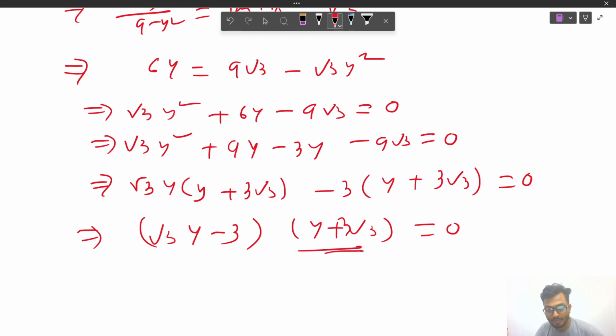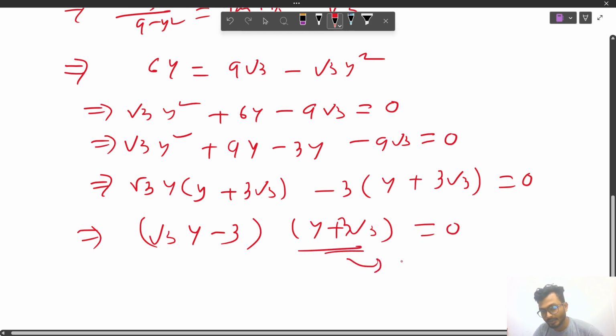Now y equals minus 3 root 3 is not possible, because y belongs to (-3, 3) minus {0}, so it is not in that region.